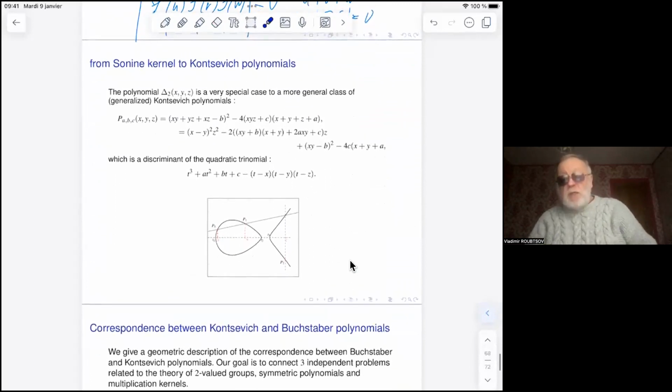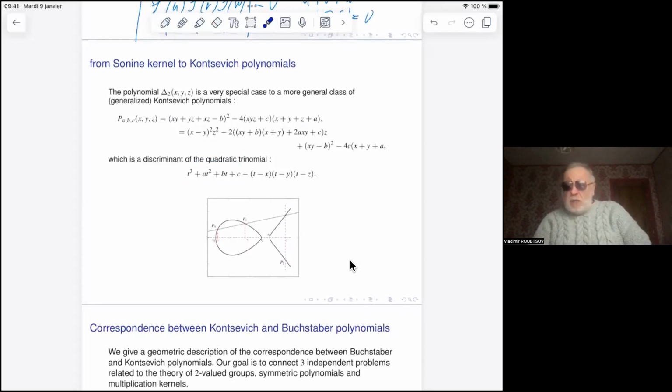I will introduce the Kontsevich polynomial, the second polynomial which I started with. You remember that the Kontsevich polynomial also has a special discriminant form, and it is also symmetric in XYZ like the Buchstaber polynomial, and it was constructed in the following way. Let's take any algebraic monic polynomial of degree 3 with coefficients a, b, and c.